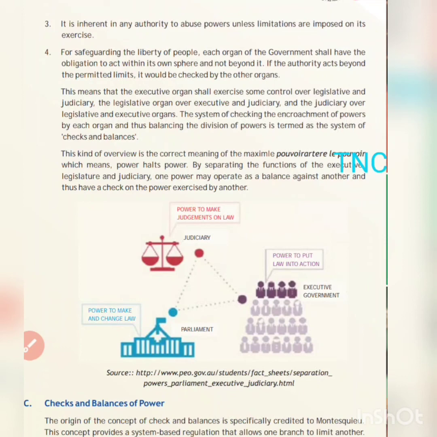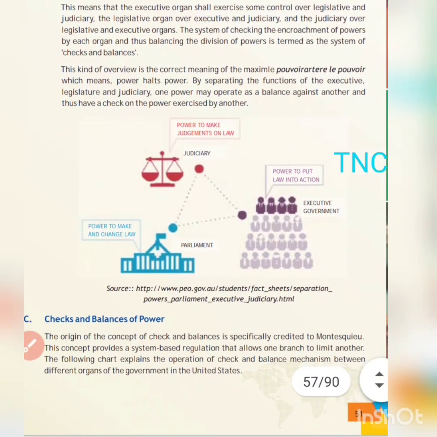So we do not need to form a separate organ or separate committee to see what type of encroachment has been done. The third organ only will be seeing what sort of encroachment has taken place, and to curb that it may also take a decision. So balancing division of powers, keeping check and balance, control, monitoring, all that is done among these three organs only. So that's why this is known as a system of checks and balances.